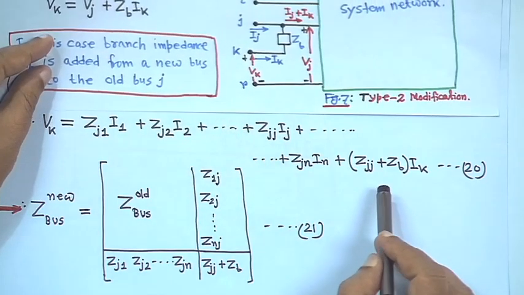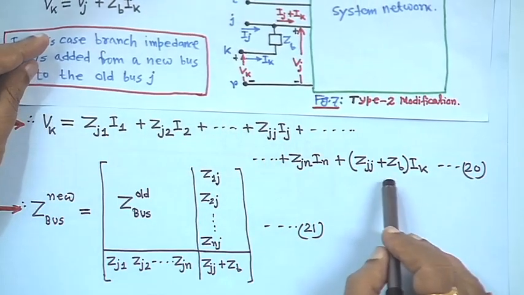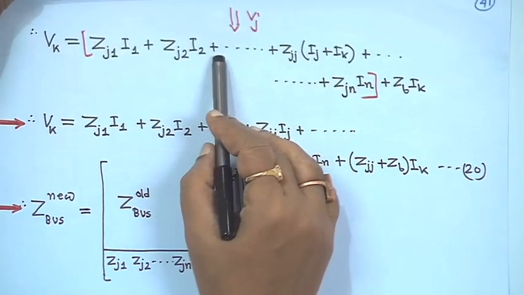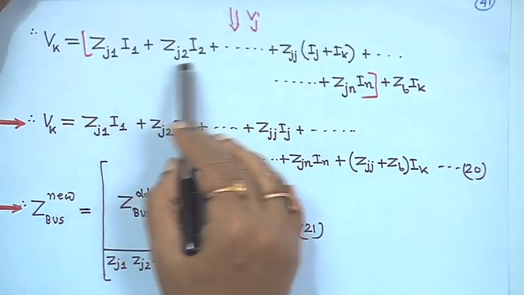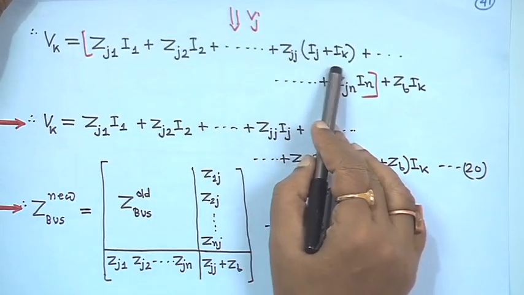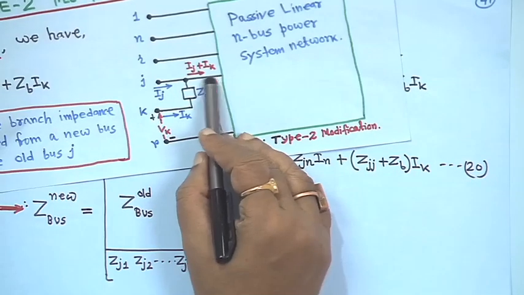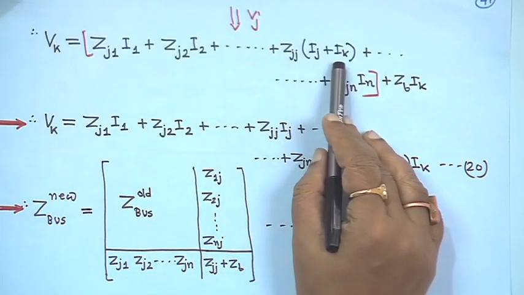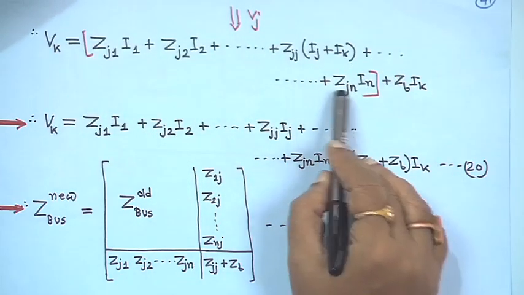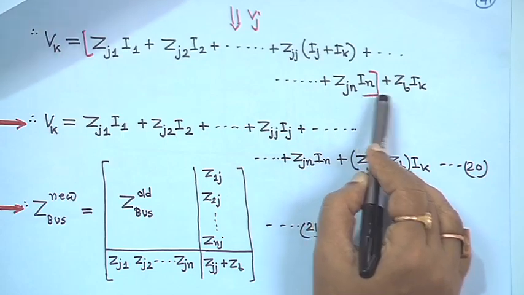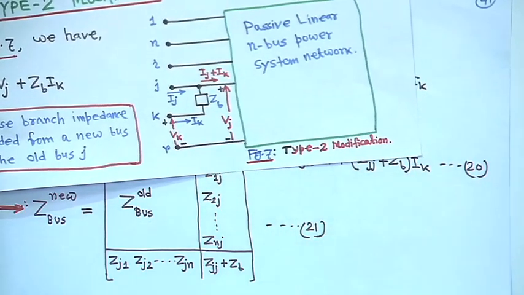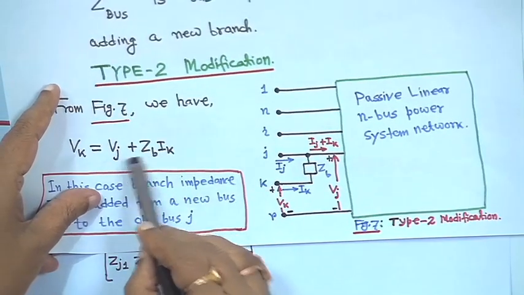If I go to the first equation, ZJ1 I1 plus ZJ2 I2 plus ZJJ into Ij plus Ik, because here the current injection is Ij plus Ik, plus dot dot dot ZJN In, and plus ZB Ik, because in this equation Vk is equal to Vj plus ZB Ik.